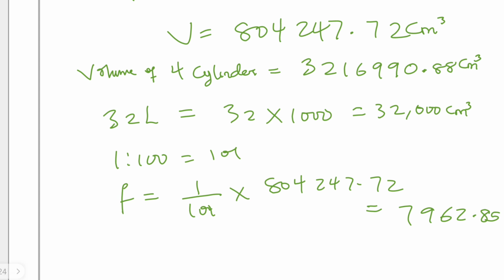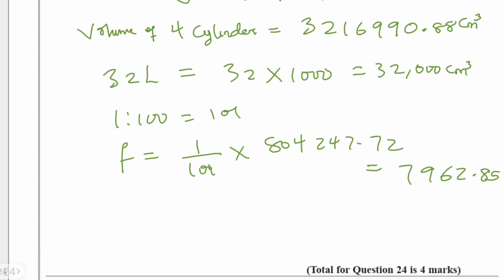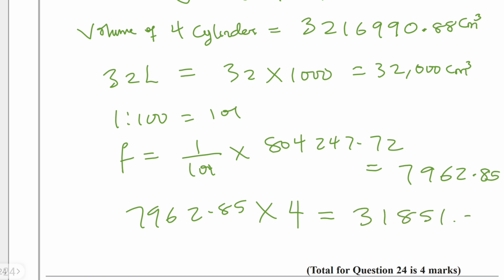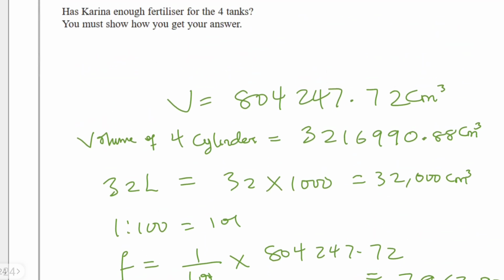So that is the amount of fertilizer that we need for one tank. Multiplied by 4, 7962.85 times 4 equals 31851.39. Remember, this is in centimeter cube.